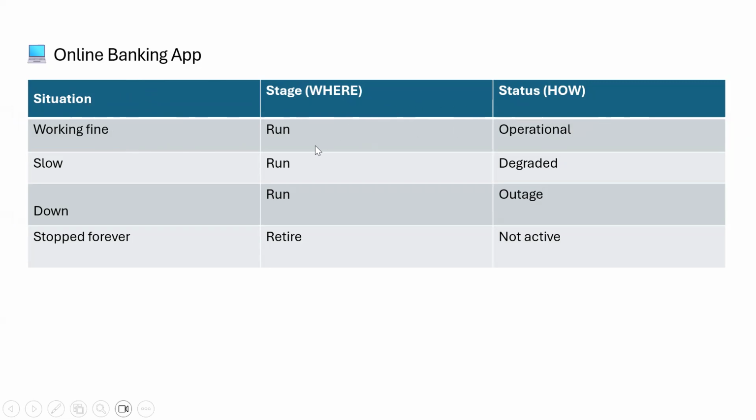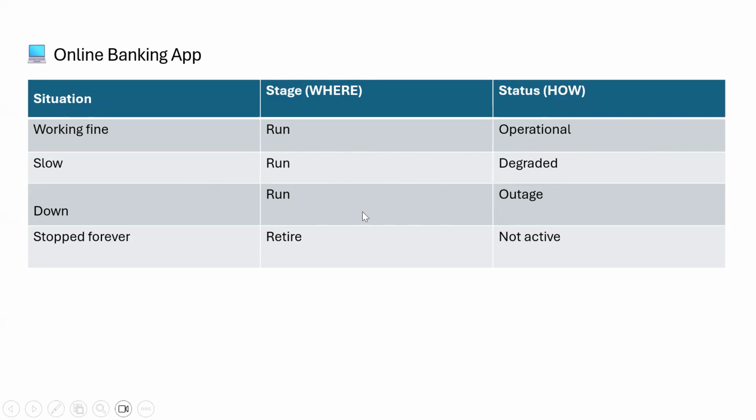Then we can consider it as working fine. In this stage the service is live. Operational means service is working perfectly. Next, the situation is slow. It means stage is run and status is degraded. So here run means still in live phase, but degraded means performance is reduced.